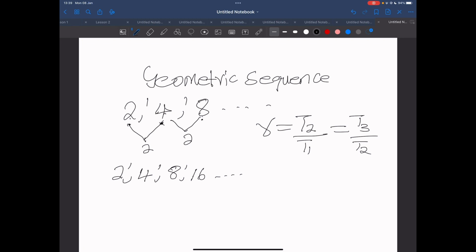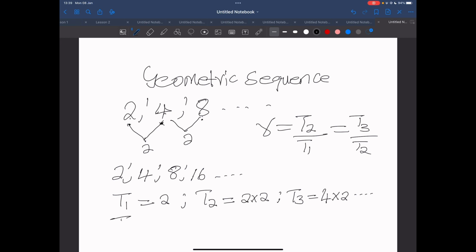Term number 1 equals 2. And then to get term number 2, we take this 2 and multiply it by the common ratio, which in this case is 2. And then to get term number 3, we take term number 2, which is 4, and multiply it by the common ratio, which is 2, like that.